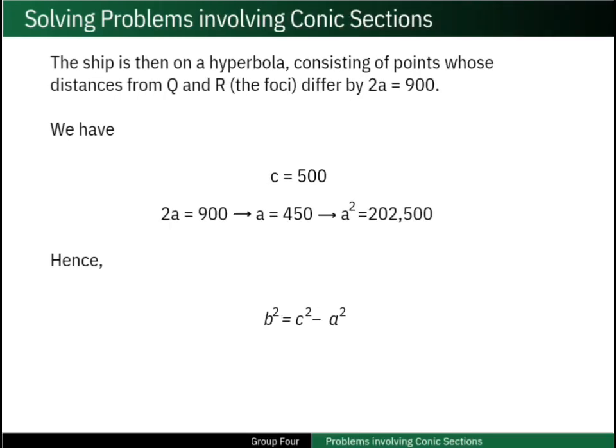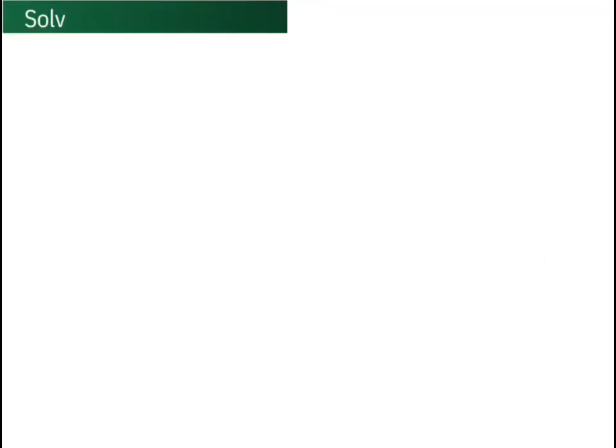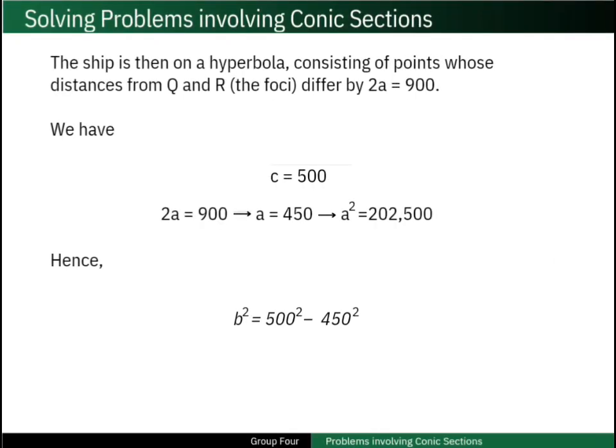Now, to find B squared, we manipulate the formula C squared equals A squared plus B squared. Transforming it, we have B squared equals C squared minus A squared. We transform it since we're finding the value of B. Then we substitute the given that we have: C equals 500 and A equals 450.